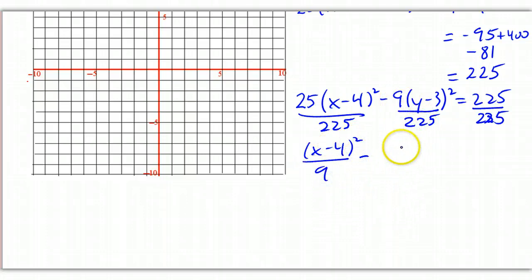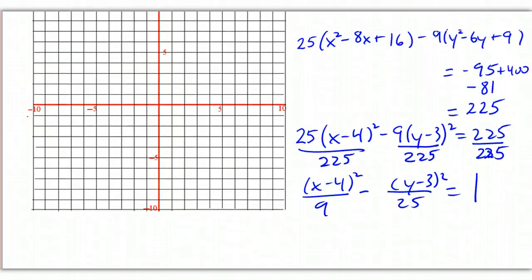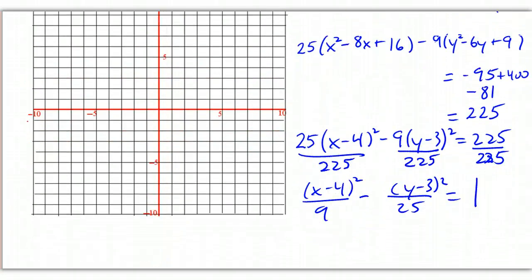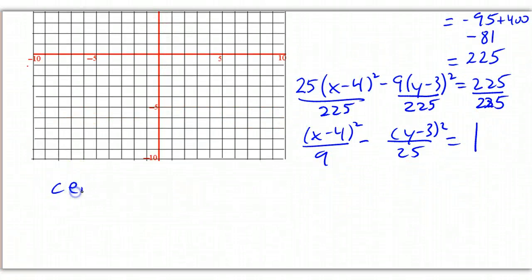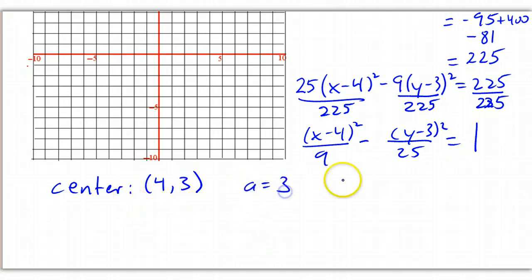And that means 9 goes into 225 25 times. That worked out nice because I planned it that way. Okay, so do we know our center? Yes, we do. Our center is at positive 4, positive 3. A is 3, B is 5.